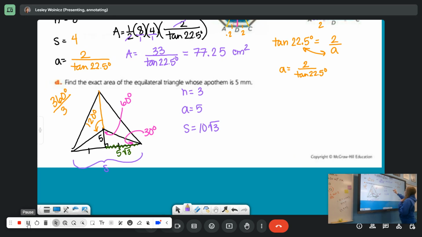All right, so I'm doing area equals 1/2. My number of sides is 3. I've got 3 triangles. The base of each of my triangles is my side length, 10√3, and my apothem is 5.